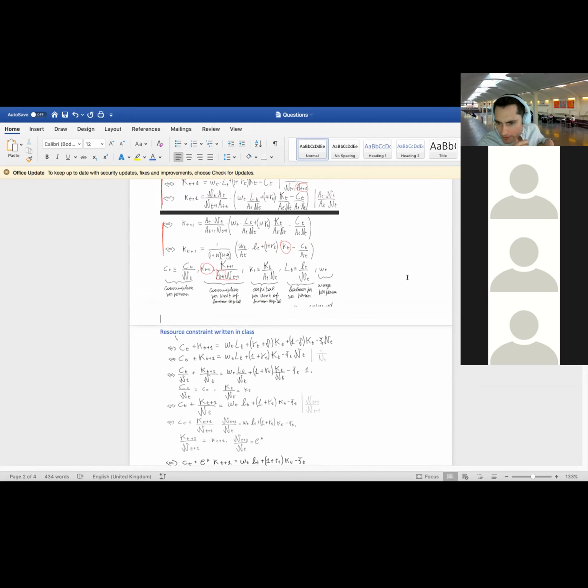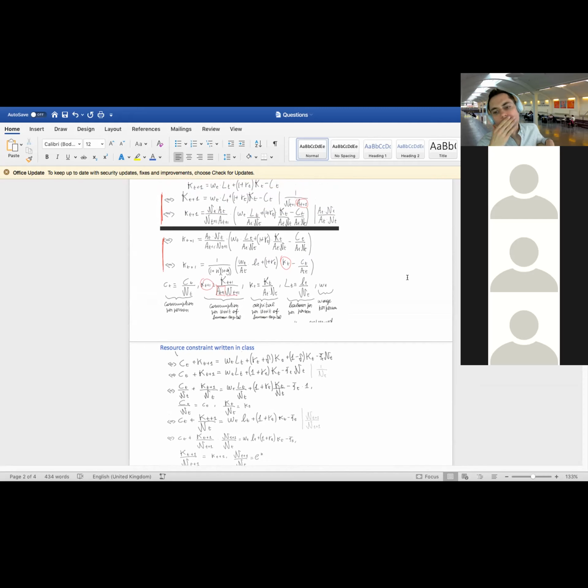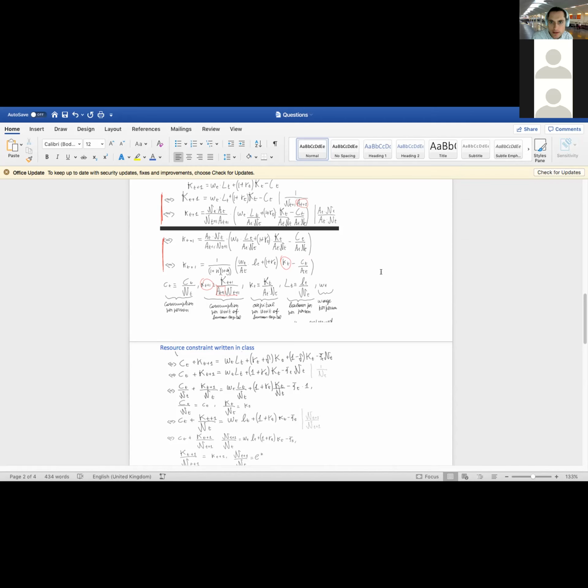Now let's look at this resource constraint written in class. It's hard for me to immediately recall why we want to do that differently.